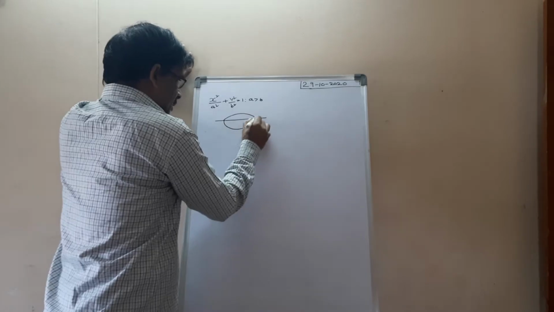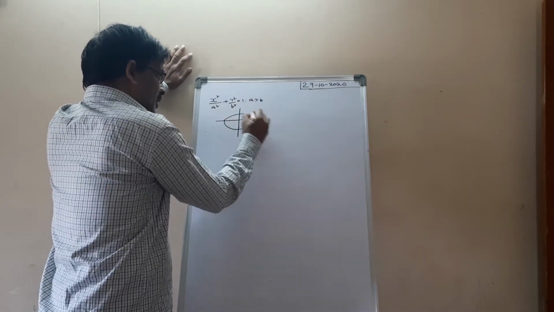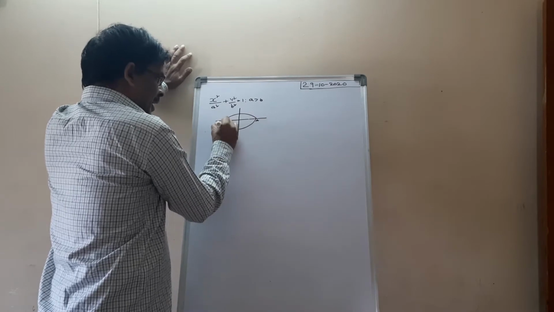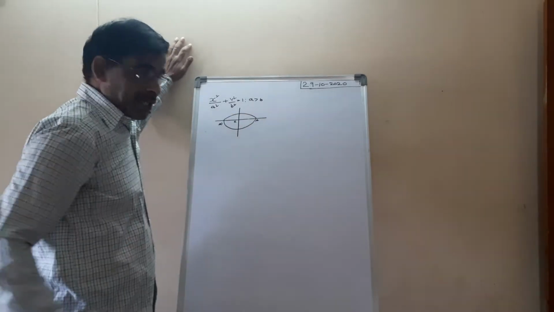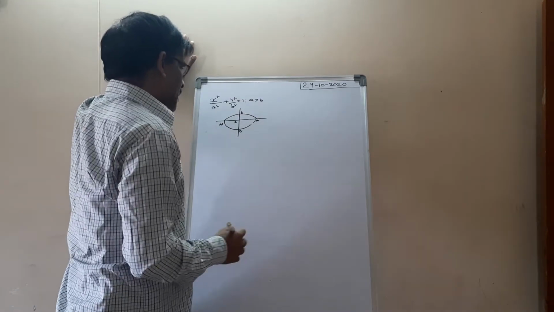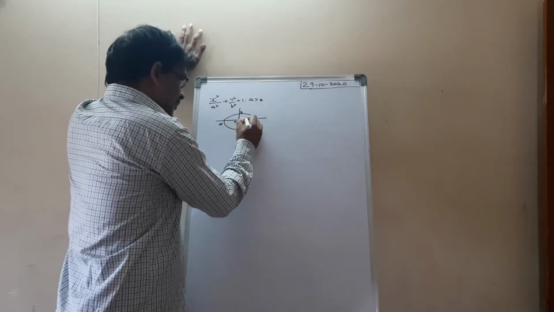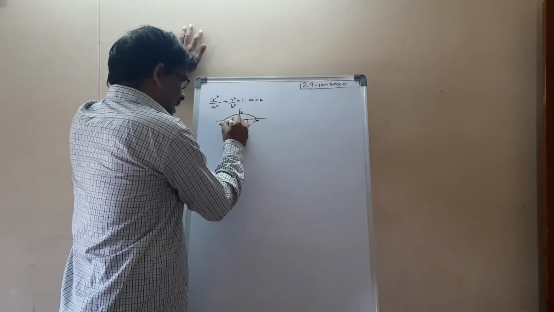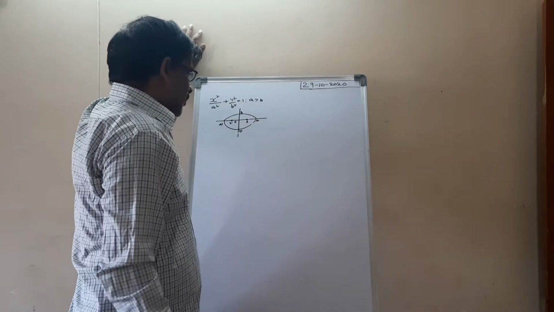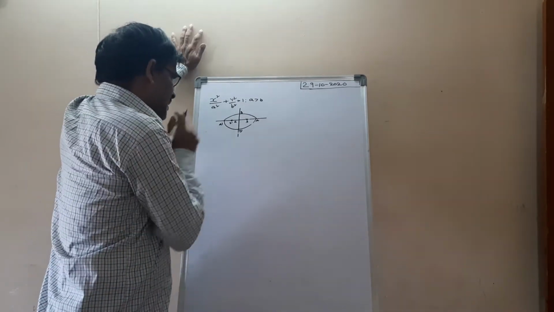This is our ellipse. This is A dash. The center is C, B, B dash. This is a minor axis. A dash is the major axis. S and S dash are foci of the ellipse, and C is given.